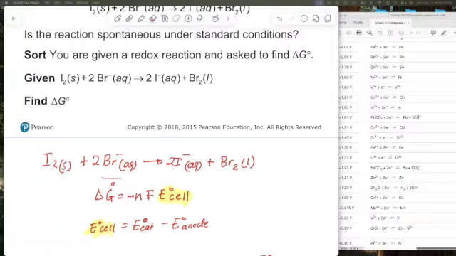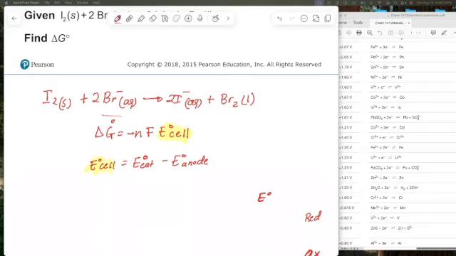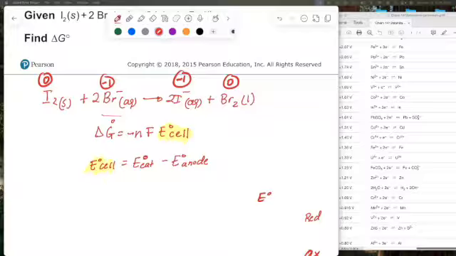Let's go ahead and assign oxidation states. This is 0 because it's a free element. This is 0. This here is also 0, right? This is negative 1, and this here is negative 1. So looking at the changes, I goes from 0 to negative 1, that looks like reduction.